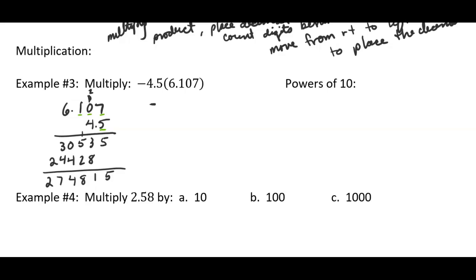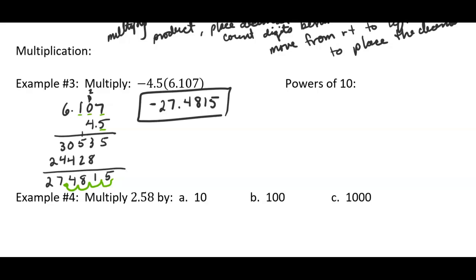So a total of 4. So I go from the right, and I'm counting over 1, 2, 3, 4. And that's where I place the decimal. So this is all my work, and then my answer is going to be negative 27.4815. They didn't ask me to round it off, so I'm writing it out, and there's the answer.